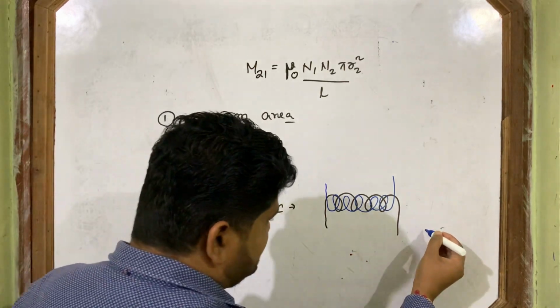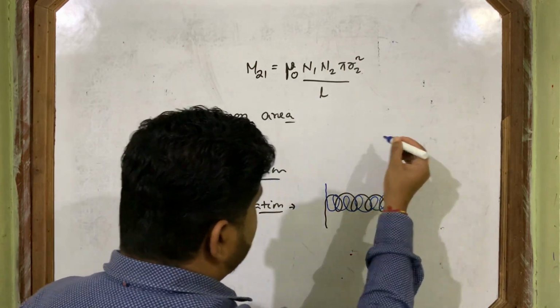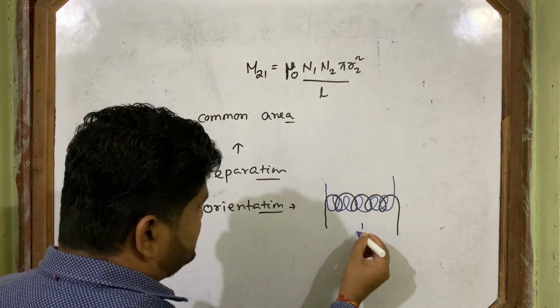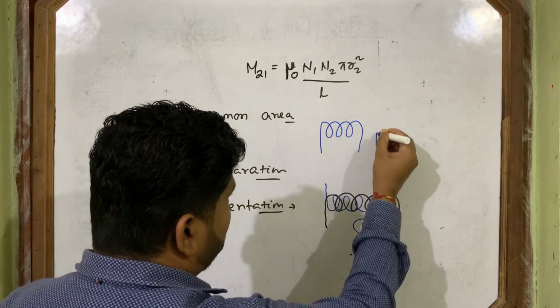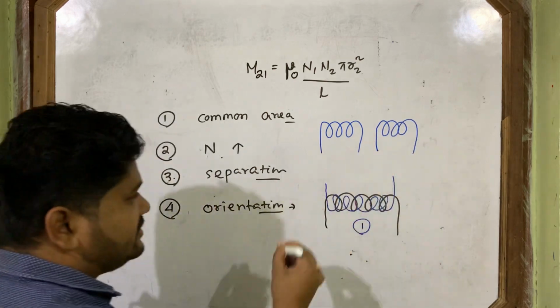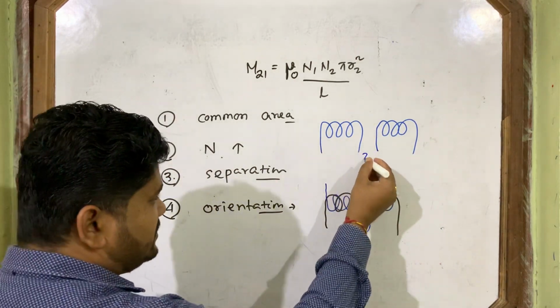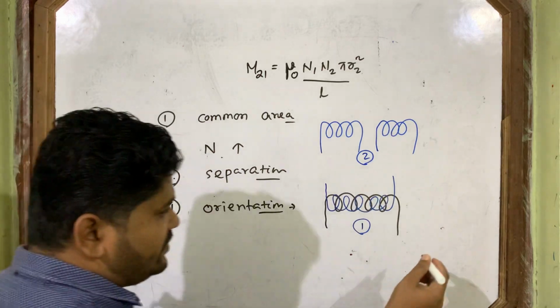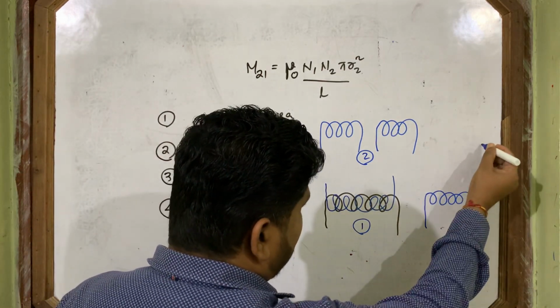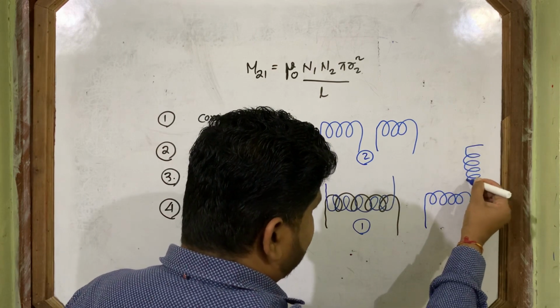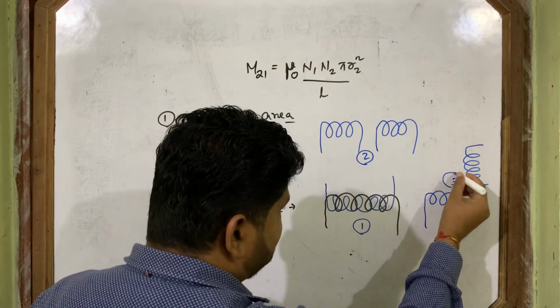This is another orientation, the second orientation I am showing here. This is one coil and this is another coil. And you see the third orientation: one coil is like this, another coil is like this. This is the third orientation.